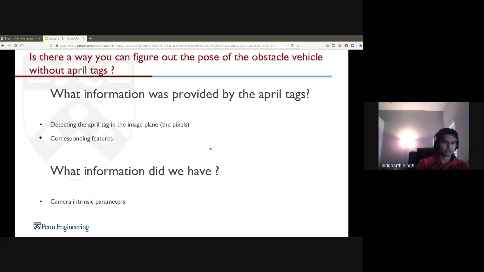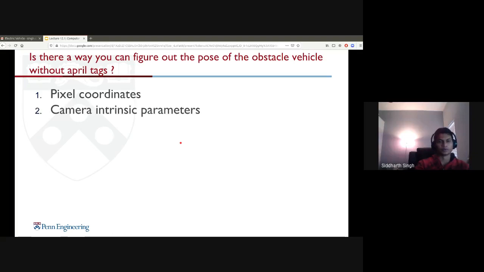So if this is what we need, let's first talk about the first thing that we need, the pixels. How do I find the pixels that I'm interested in finding the position of? Then the camera intrinsic parameters. I have the pixel coordinates.